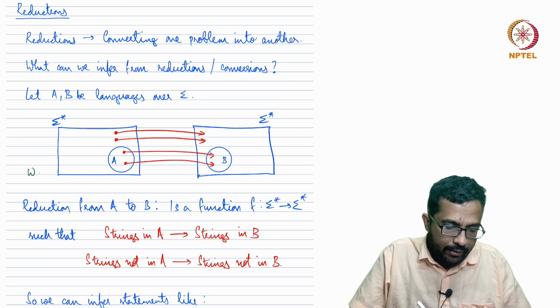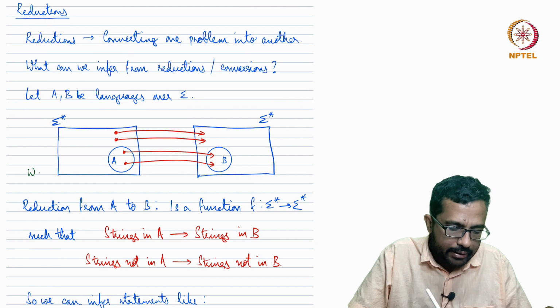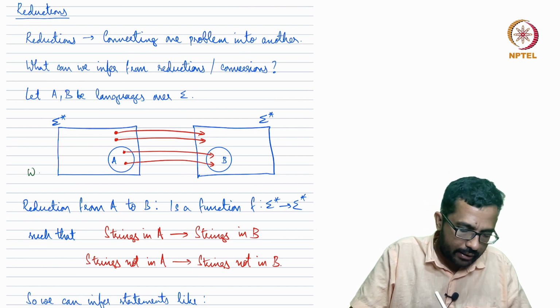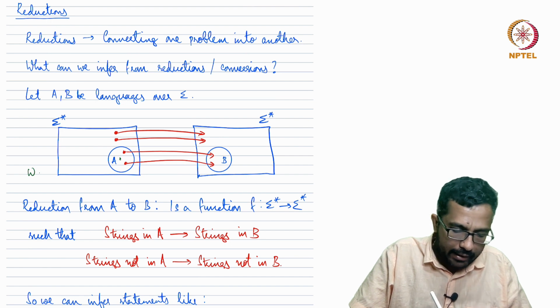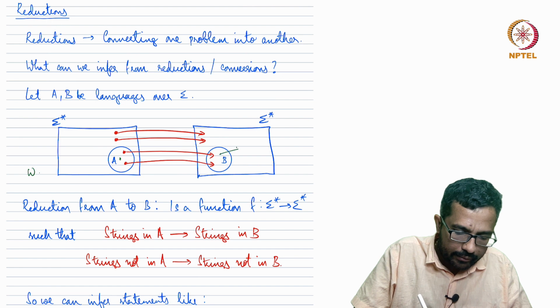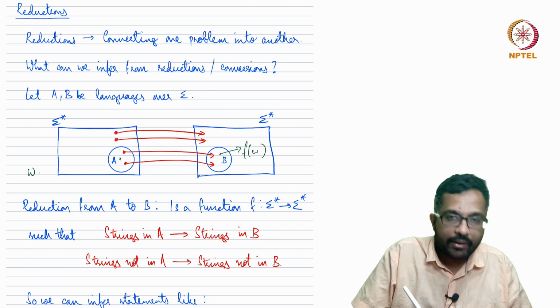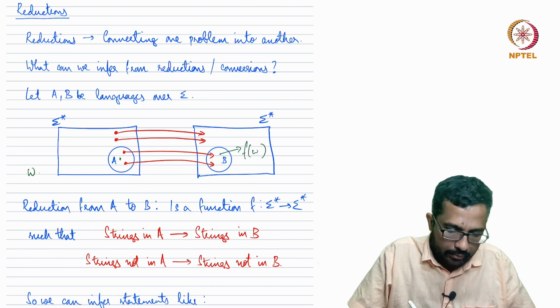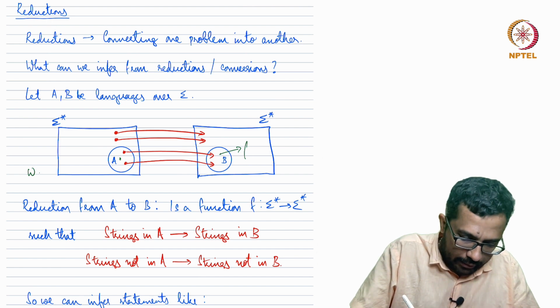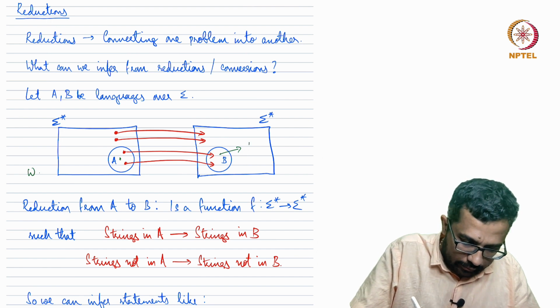Let's say for instance that W was in A, and the mapping is computed. So you get some f of W somewhere over here. Let me just write it a bit better.